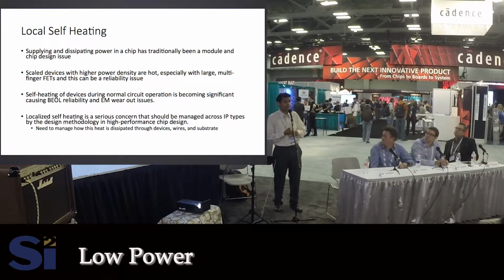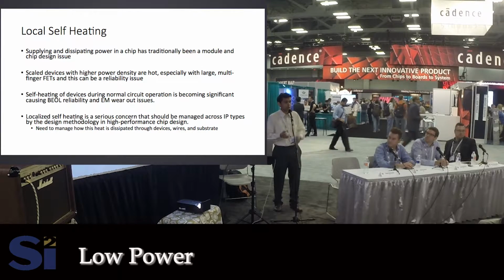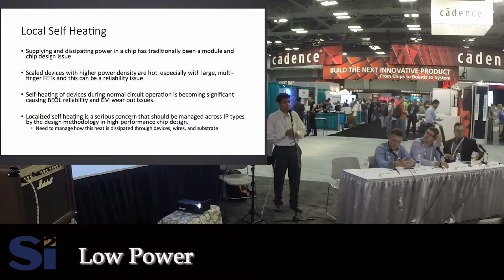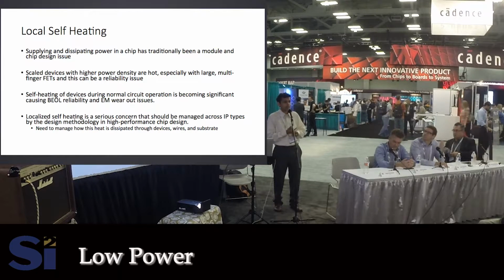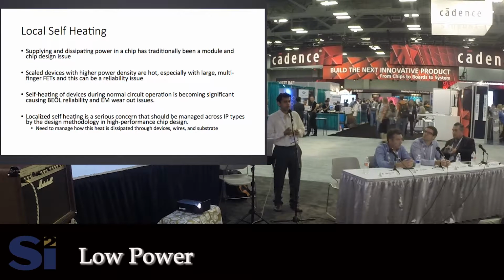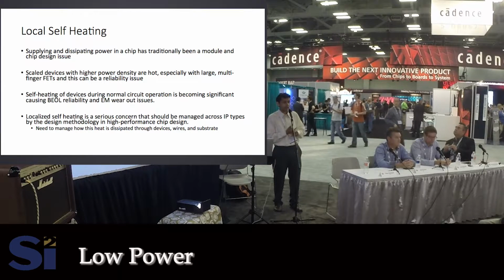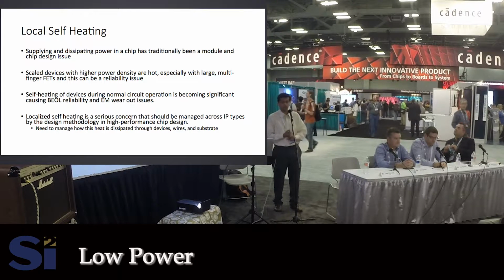As much as 10 to 20 degrees centigrade, you see local micro hotspots, not just in high voltage stress modes, but in traditional operation also. And this is because you have multi-fingered, multi-fin devices, which get very hot, and you see 20, 25, 30, or even more centigrade at the local device level.